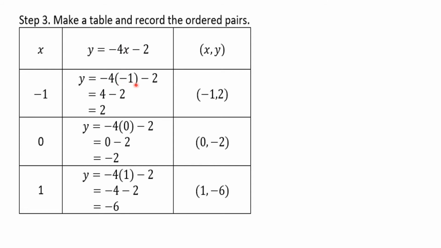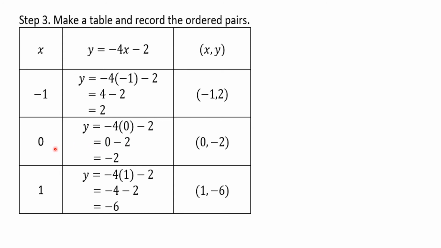So we substitute -1, 4 times -1 equals -4 times -1 is +4 minus 2, then 4 minus 2 is 2. So, if x is -1, then si y is 2. Therefore, ang ating ordered pair is -1, 2.